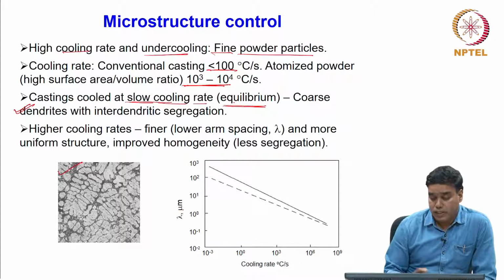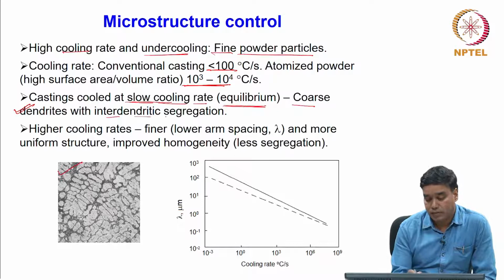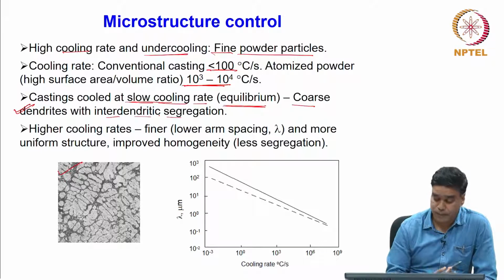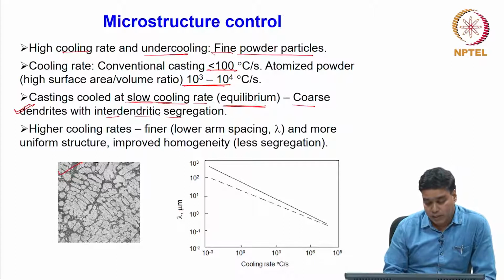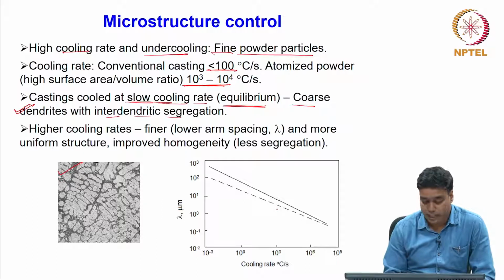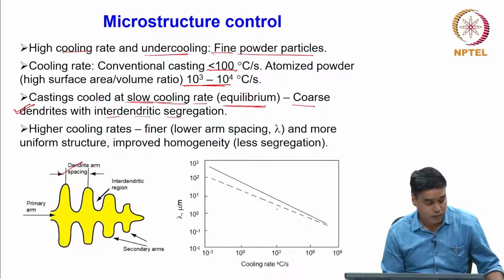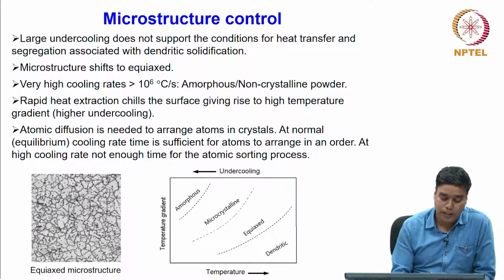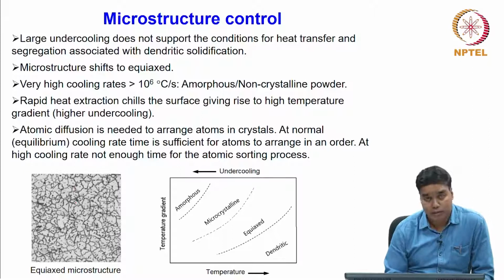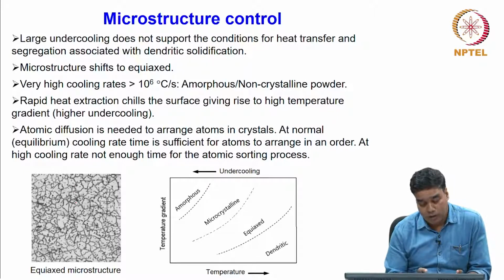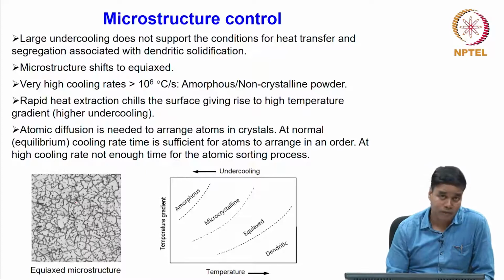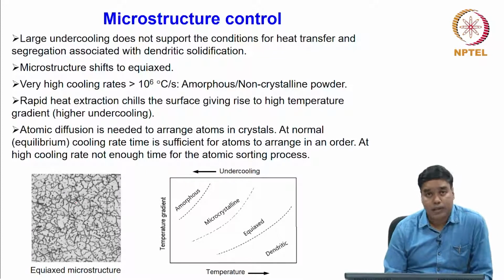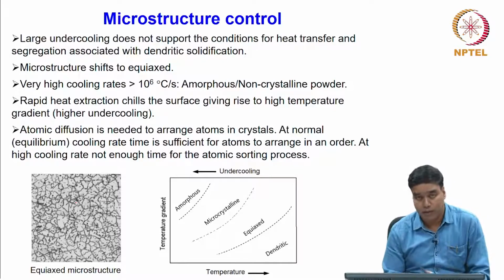So, that will generate this kind of coarse dendrites, and it will also have this interdendritic segregations, right. If you increase the cooling rate and the undercooling, you can see the microstructure is refined, and you can expect to generate this kind of equiaxed microstructure, where the grains are more uniform or globular in terms of their morphology rather than like those dendrites, okay, which grow in a particular direction.